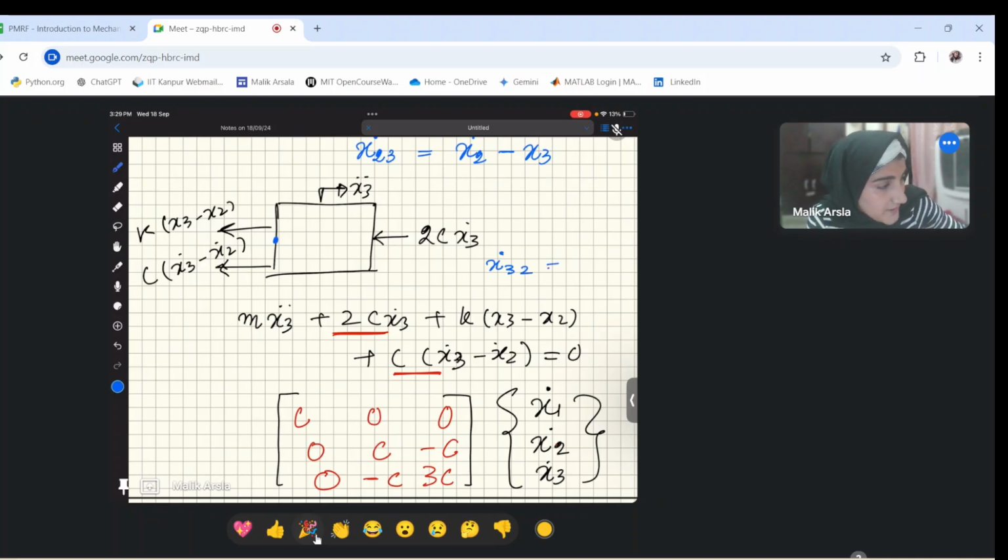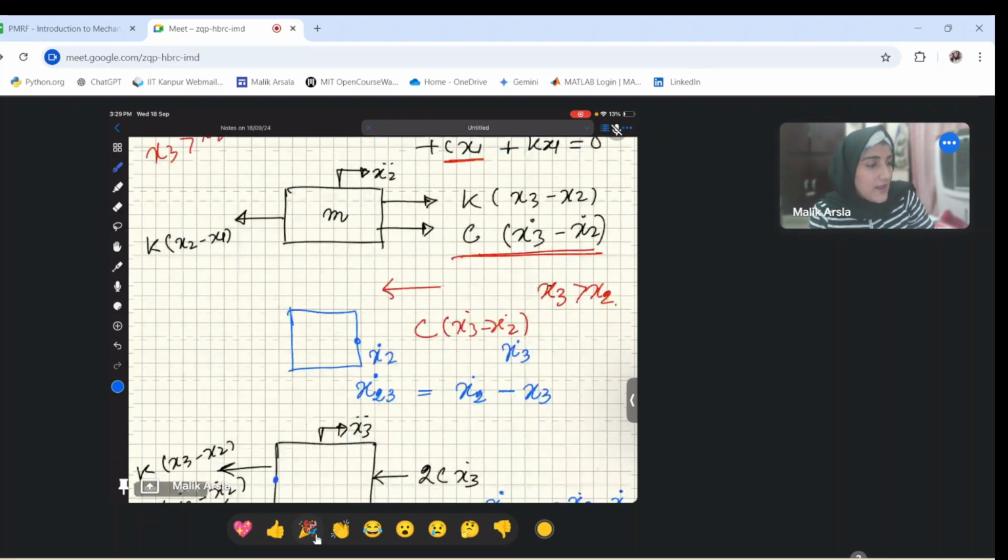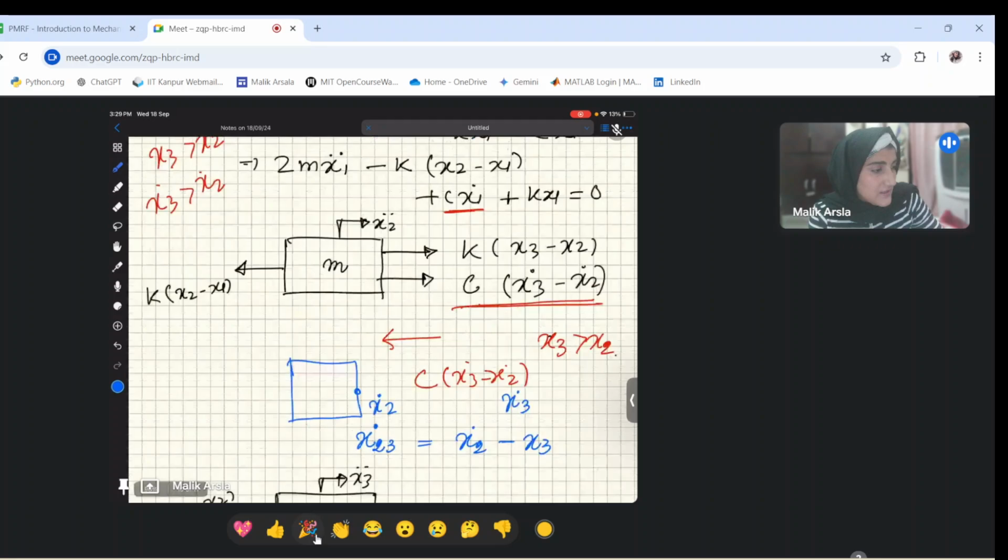So it will be x3 dot minus x2 dot, and the damping force will be in the opposite direction to the relative velocity, so it will be minus c (x3 dot minus x2 dot). So you can clearly see that it has a minus sign, so it will be basically along the minus x-axis. So that is why the direction is this way, and for this mass the direction is this way.